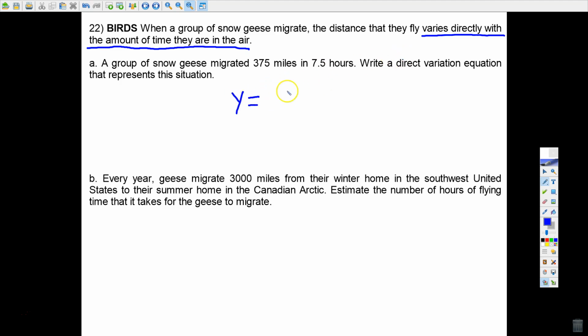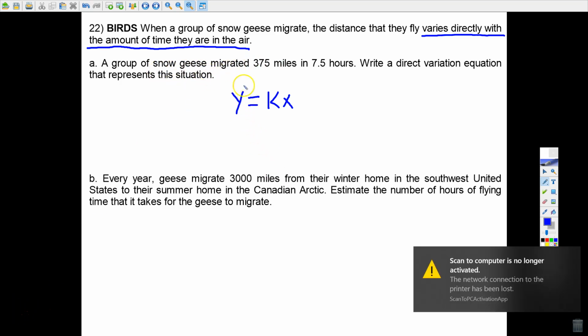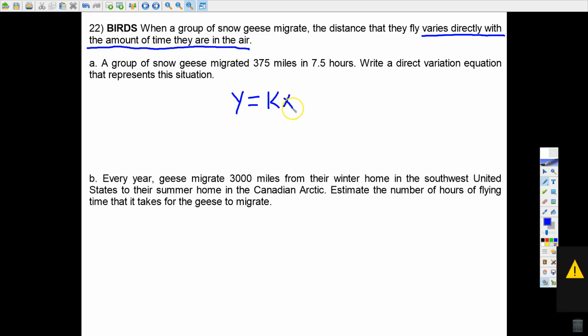They didn't give a specific variable, so I'm just going to use x and y. Y varies directly with x, and y is going to be the distance they fly, and that will be determined by how much time they are in the air, which will be x. Okay, so we need to find out again what k is so that we can come up with a specific equation to model this situation. So remember, y is the distance they fly, which in this case, letter A, is 375 miles.